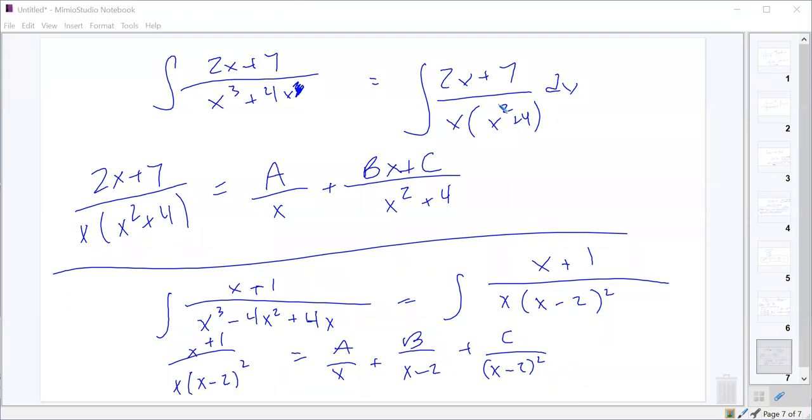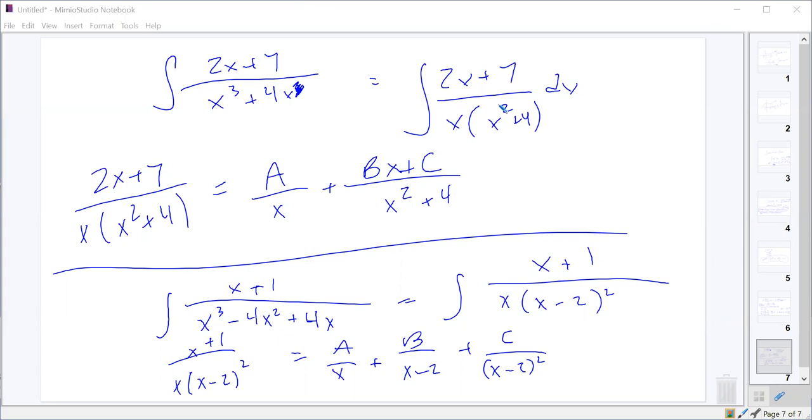Everybody good there? And a couple of things to remember when you're doing partial fraction decomposition integrals. First off, if the degree of the numerator is greater than or equal to the degree of the denominator, you want to do long division first, right?